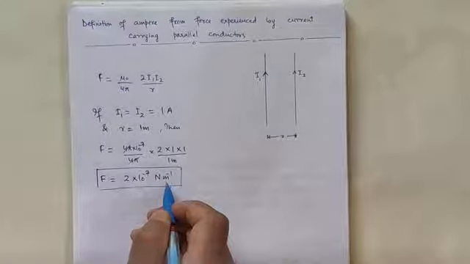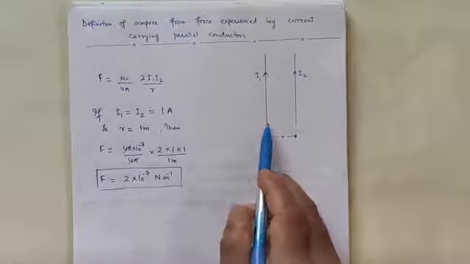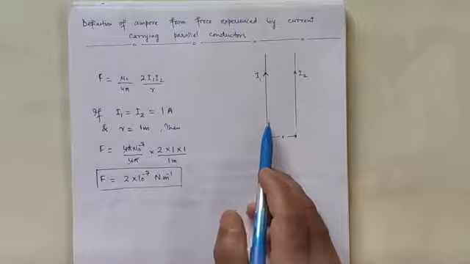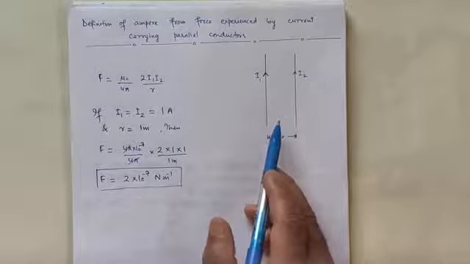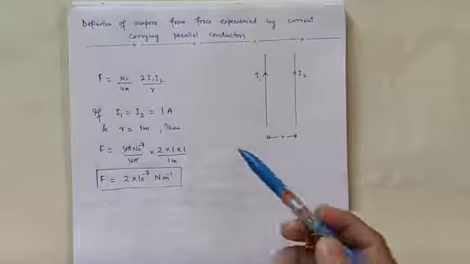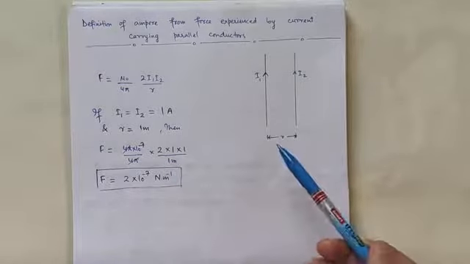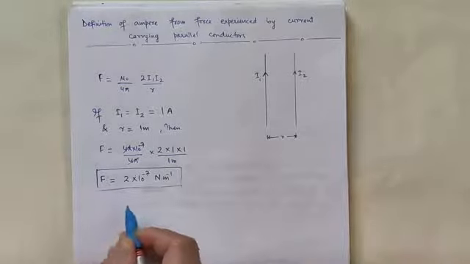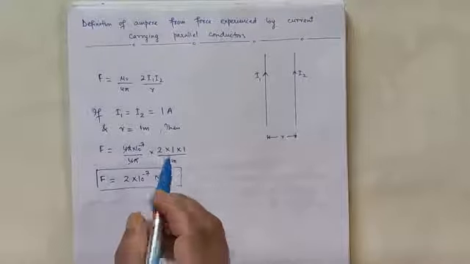So this 2 into 10 raised power minus 7 Newton per meter is the amount of force experienced by each meter of each current carrying conductor, which are held parallel to each other, separated by a distance of 1 meter in vacuum. Now in terms of this force, we will define this ampere.